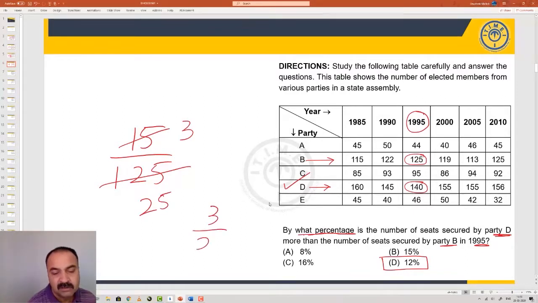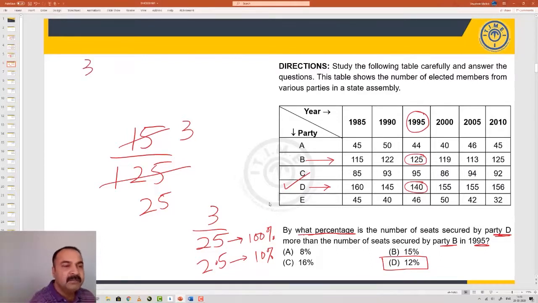So 3 over 25. Now 25, if that is 100%, then 10% of that number will be 2.5, and 3 is more than 2.5. Therefore 3 by 25 is definitely 10% and something more.